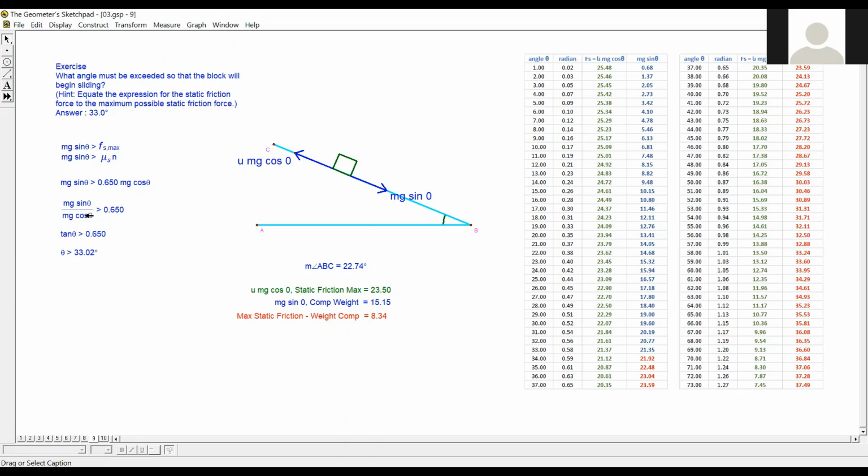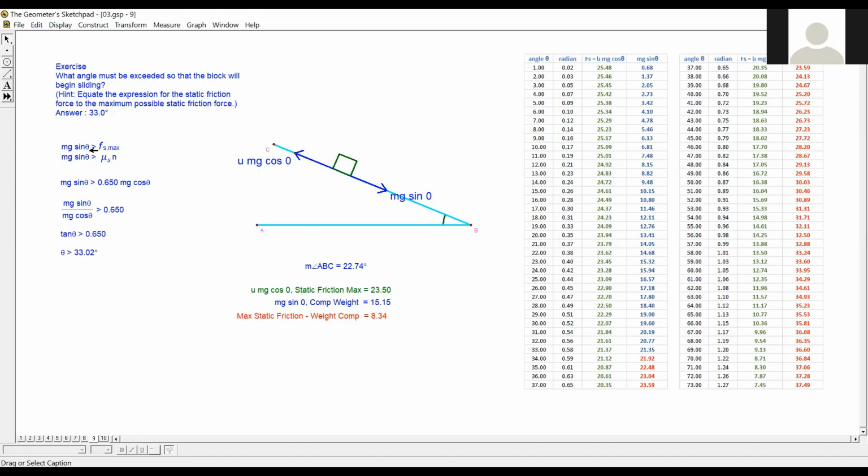What is this sine theta over cos theta? The sine theta over cos theta is actually tangent theta. This is from our knowledge of trigonometry. So tangent theta is greater than 0.65.